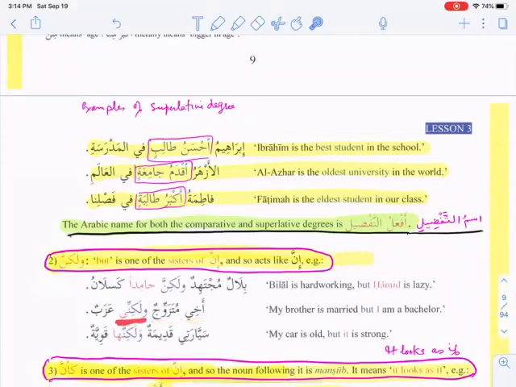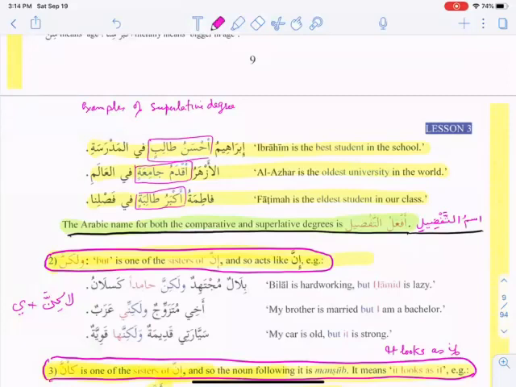Walakinnani, see, the same way a pronoun can join, ni, but I am azabun, I am a bachelor. Lakinni, remember. So what is lakinni? It is lakin plus ya mutakallim. Lakinni, but I am azabun.